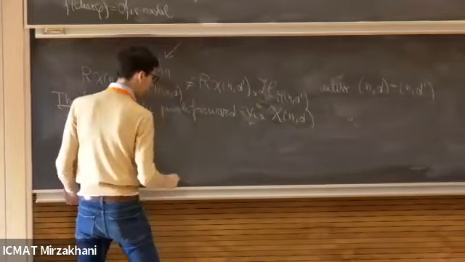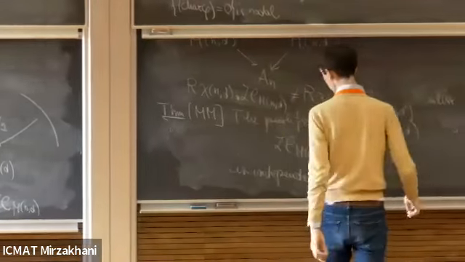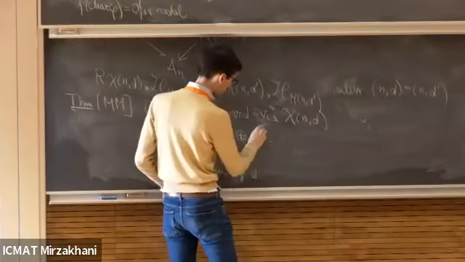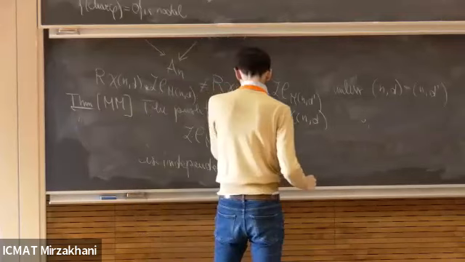A sheaf that admits IC_{M_{n,d}} as a direct summand plus some correction that I will write now that is independent of d. So maybe those two are not equal, but we can measure the difference. And what is this sheaf? Actually, it's a semisimple perverse sheaf.